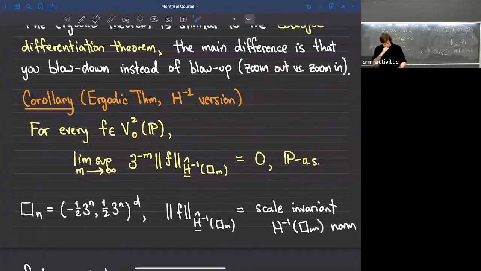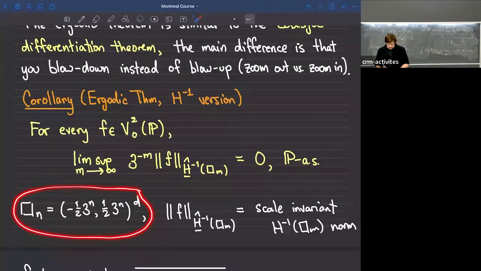Okay, and you subtract. It's like subtracting the mean basically. Like this is mean 0, and the V invariant space is just the set of things with constant, the space where the means are. Okay, then you can look at the H-1 norm in a big cube. This notation is my notation for cubes, which will soon come in my next lecture, so I may as well define it here.